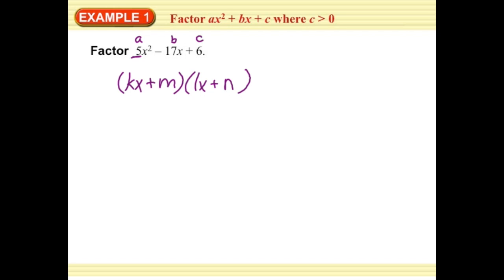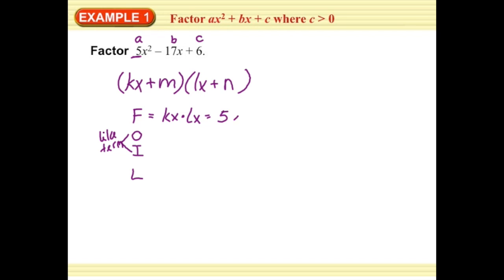So when I look at this and I think about FOILing, what typically happens is the outer and the inner terms are like terms and they get combined. The first term stays itself. So in this case, my first term is kx times lx, and I know that it needs to equal 5x squared.